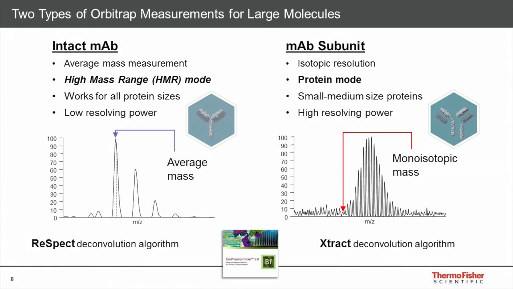So I spoke about the different kinds of intact analysis that you might want to do. Basically, we have roughly two flavors. I'm calling this, in this case, intact analysis or intact MAB, and then a MAB subunit.